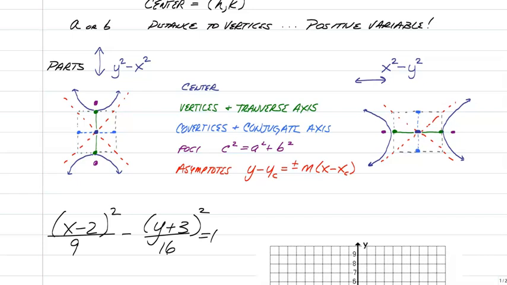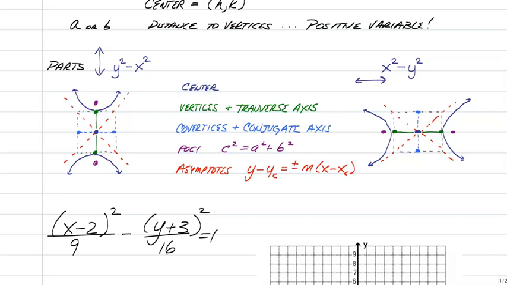They have vertices and covertices just like the ellipse did, but since it's not connected, they don't have a minor and major axis. They have a transverse and a conjugate axis, which just helps you draw your rectangle. You have asymptotes, which are going to help you draw your hyperbola.